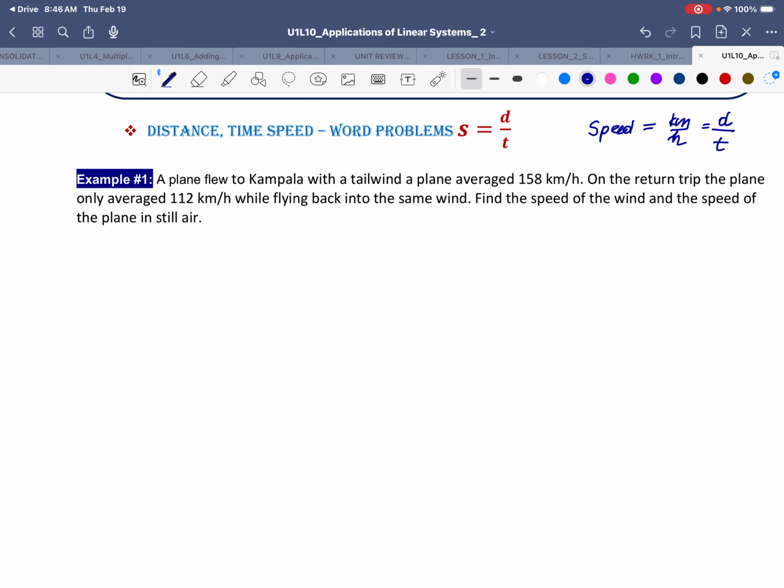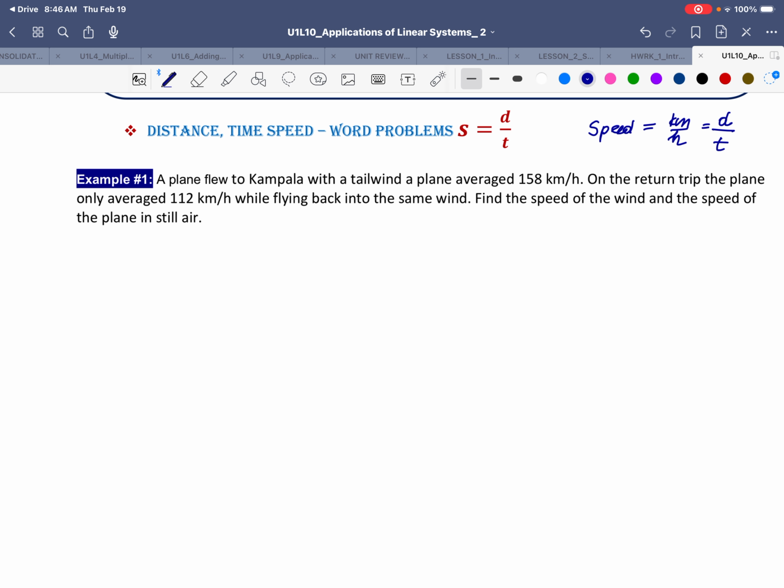Now, we're going to read the question one more time. Our focus will be on the final question asked. So we have to find the speed of the wind and the speed of the plane in still air. If you remember, we said that the things that are asked in the final question are the things that we're going to name as X and Y, and that is, I would say, not 100% of the time, but probably 90% of the time, so most of the time.